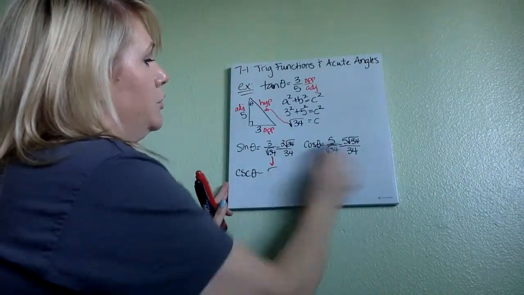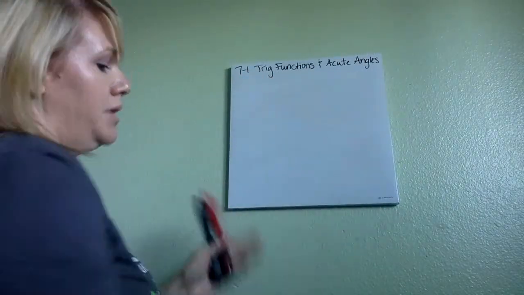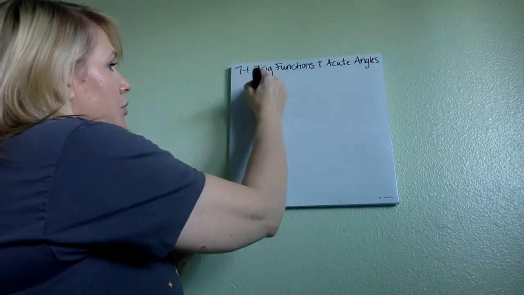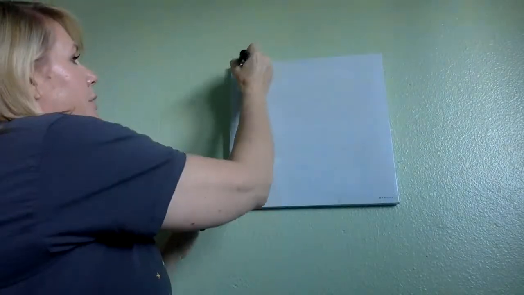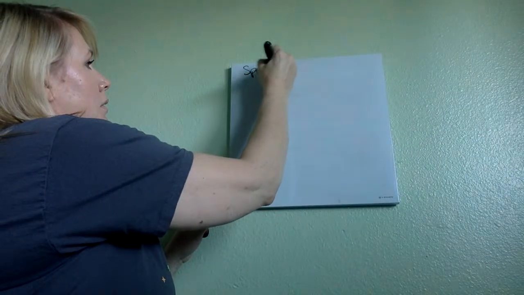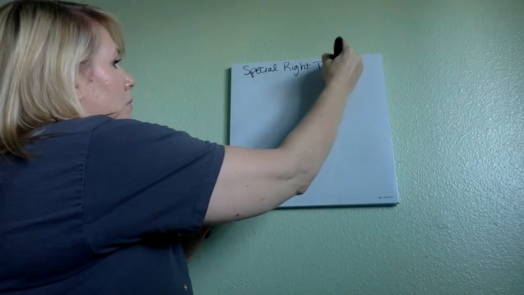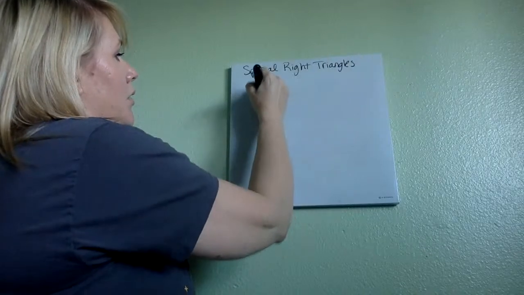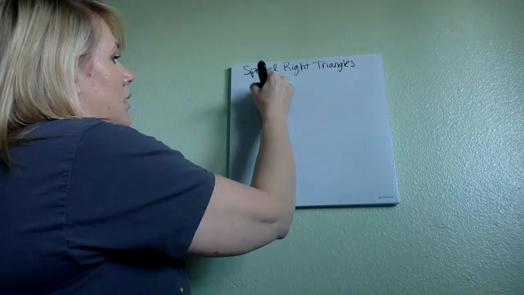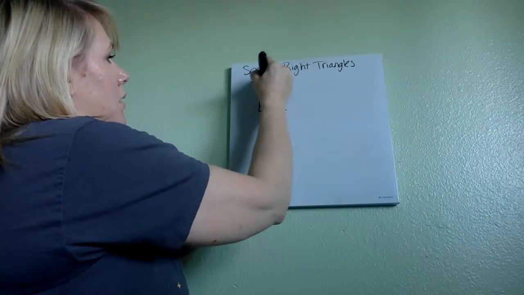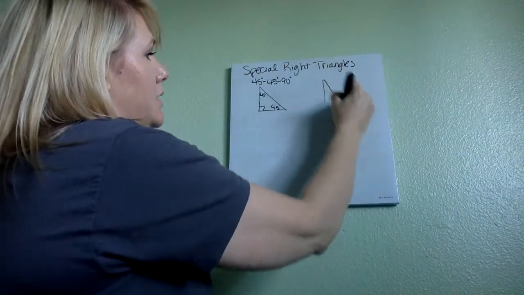There are 2 special right triangles that you will be expected to know and be able to use. Again, you might remember these: the 45-45 and the 30-60.